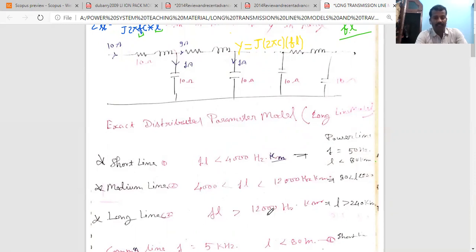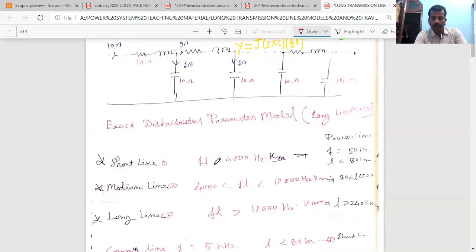long transmission line. If you put the value of the frequency as 50 Hertz, then the length for the short transmission line will be 80 kilometers. The length of the transmission line in terms of length only will be 80 kilometers, and for a medium transmission line it will lie between 80 kilometers and 240 kilometers.